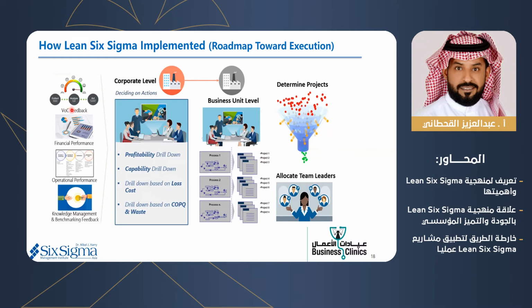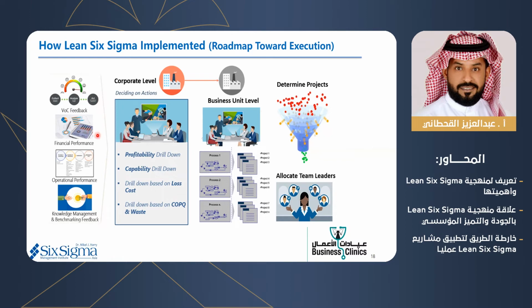If the customer rejects your product, it's a matter of time before your organization will collapse and you will go out of market. That's why it's very important to bring the findings or the gaps identified from the customers in order to solve them by implementing Six Sigma.